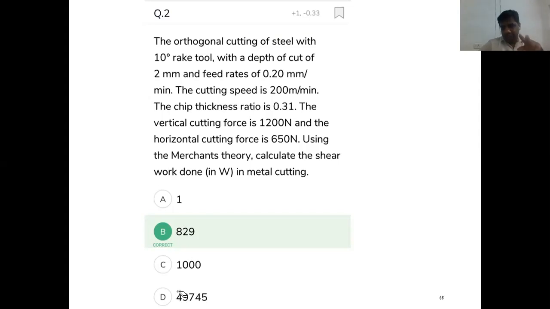Both answers are there. If you give D as the answer, you are wrong. If you give B, it is correct and you get +1. If you give D, you get -0.33. One mark is gone already, and even from the correct answers you did previously, almost 0.33 marks has gone. So in GATE exams, you need to be doubly careful.